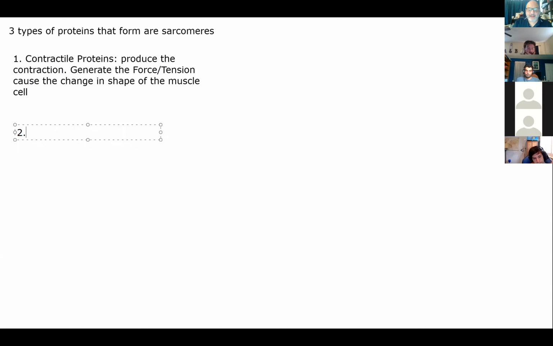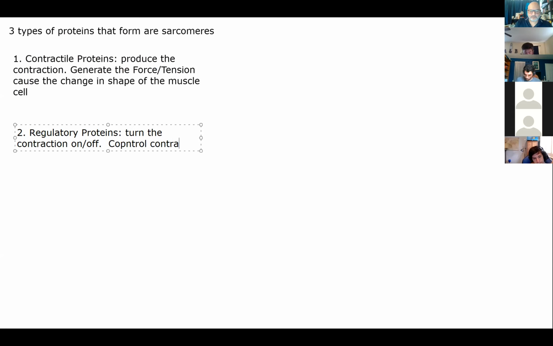To do that, I need a second class of proteins, what are known as regulatory proteins. These regulatory proteins are what basically turn the contraction on and off. They control the contraction.